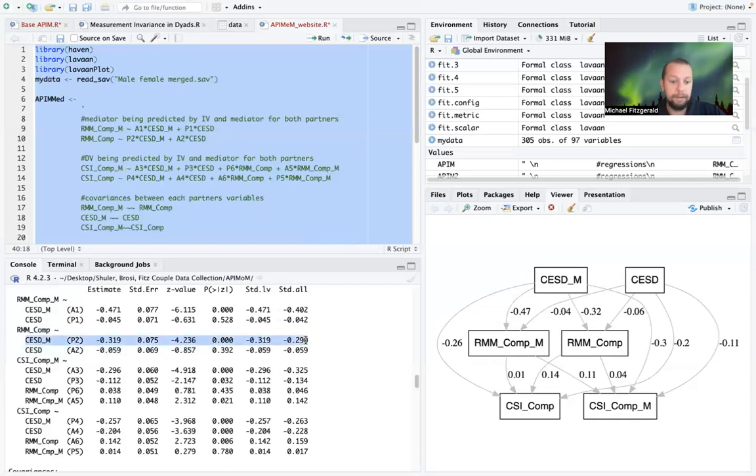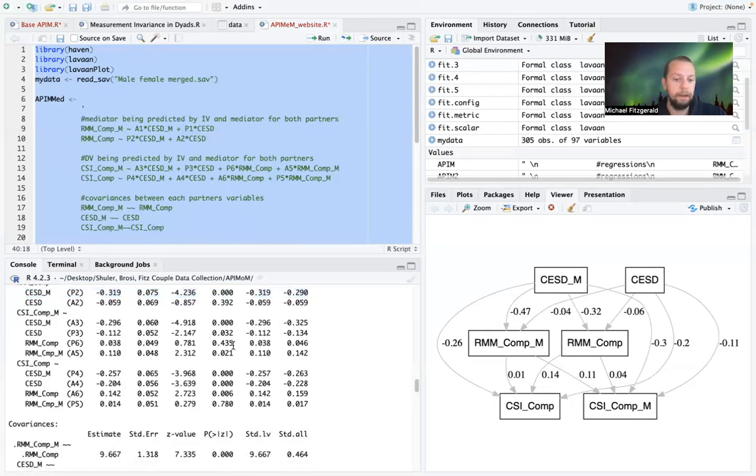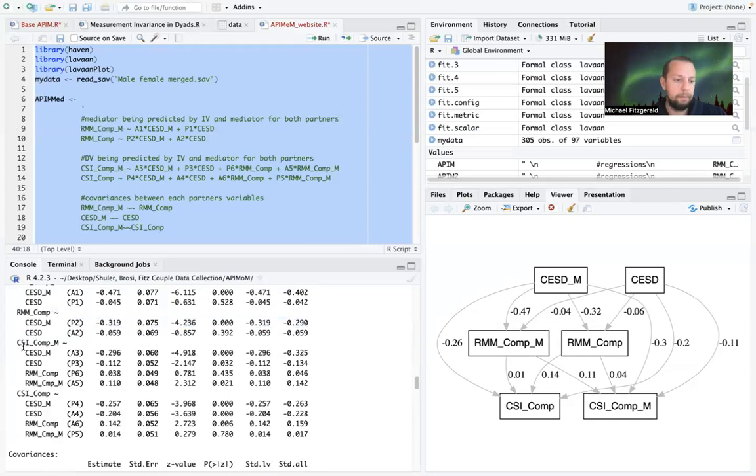Likewise here, we have a significant partner effect, where the higher that men are in depression, the less frequently women are communicating mindfully with their depressed partner. Then we also have our dependent variable here, relationship quality for males.